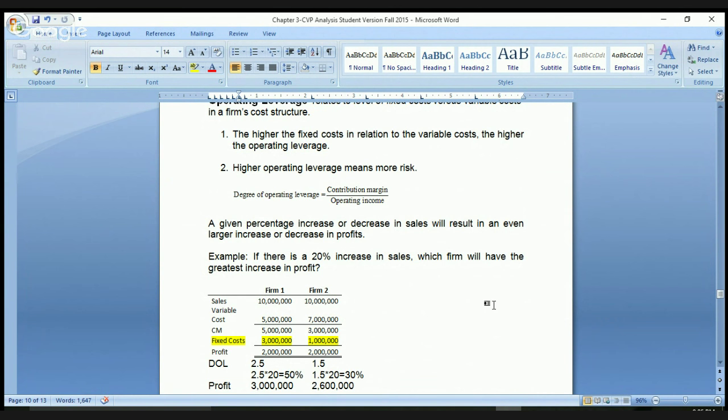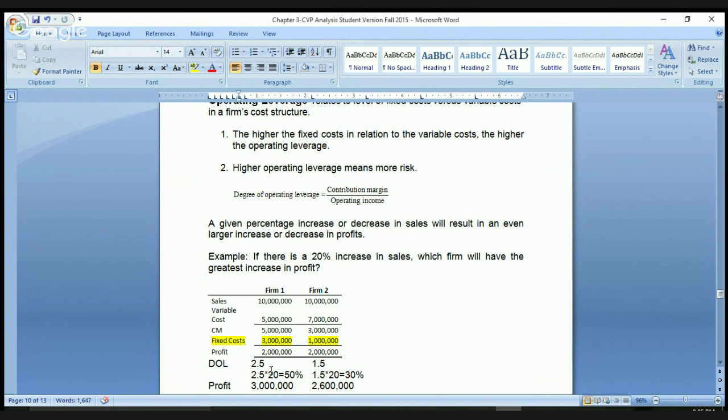So the first thing I want to do is take the contribution margin and divide it by the operating income. In this case, I'm going to take the 5 million, divide by 2 million. I get 2.5 for firm one. And then I'm going to take the 3 million and divide it by 2 million. I get 1.5 for firm two.